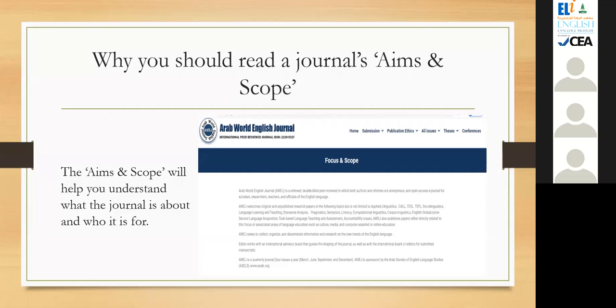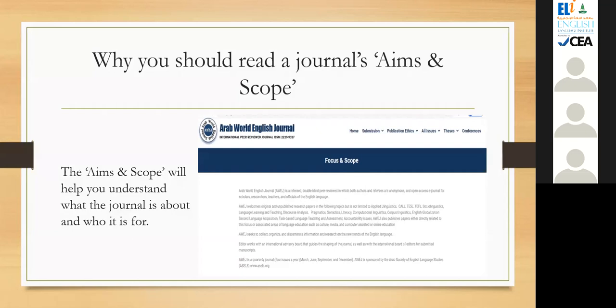It's very important because, for example, if I want to publish an article about students with hearing impairments, that means they have a hearing disability. For example, teaching English to students with hearing impairment or hearing disabilities.